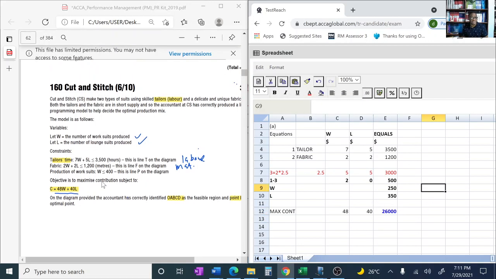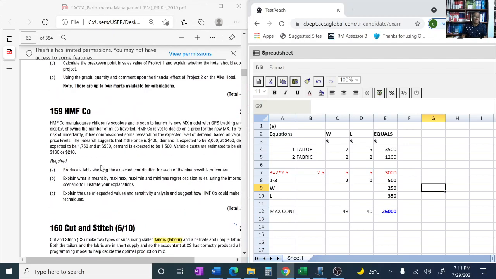But then the question says find by appropriate calculation.